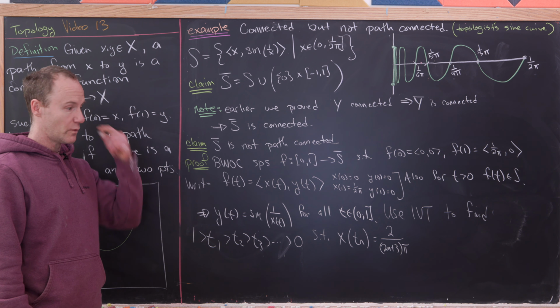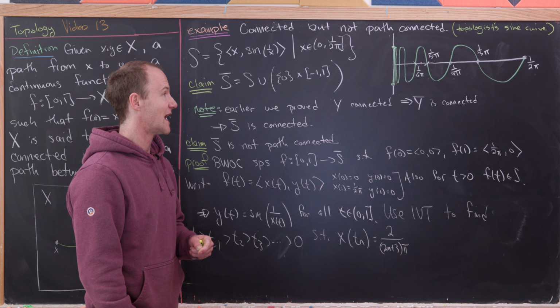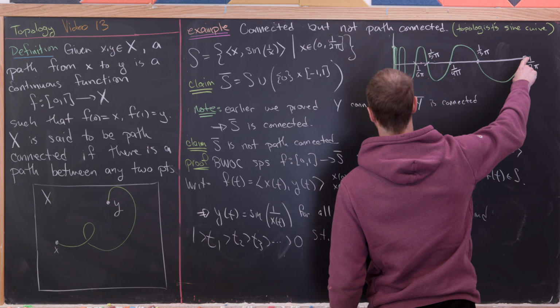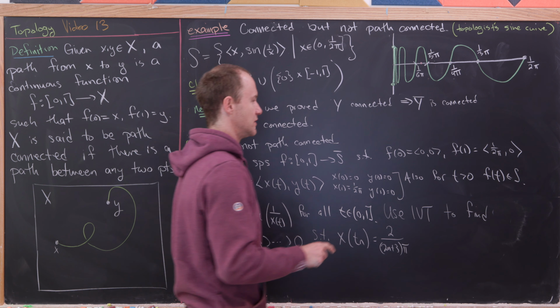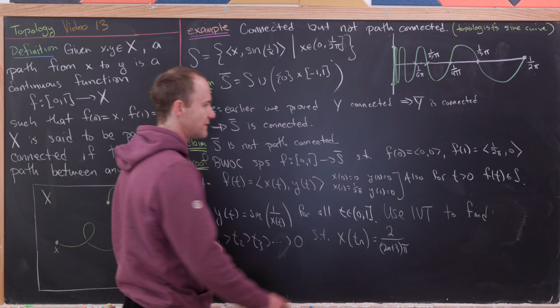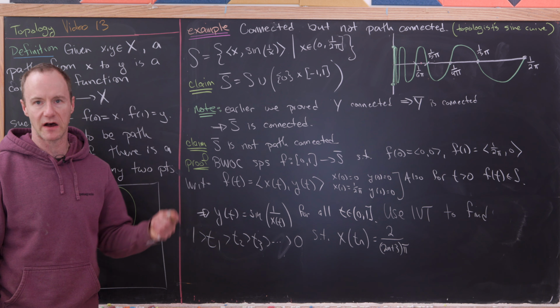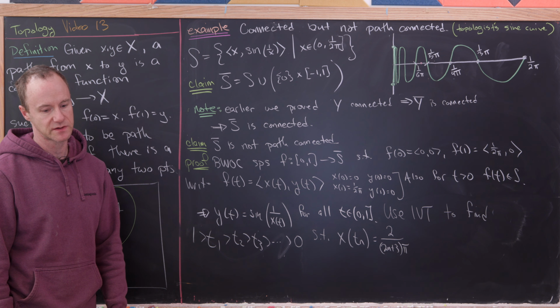So again, we know that x takes on all of these values as our function goes from, let's see, the x value of 1 over 2 pi to the x value of 0. And that's because all of these values are between 0 and 1 over 2 pi, and the intermediate value theorem tells us that our function takes on all of those values.